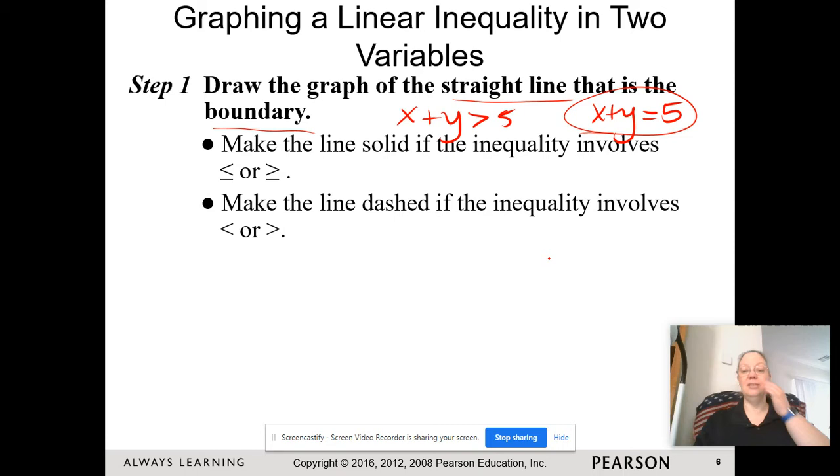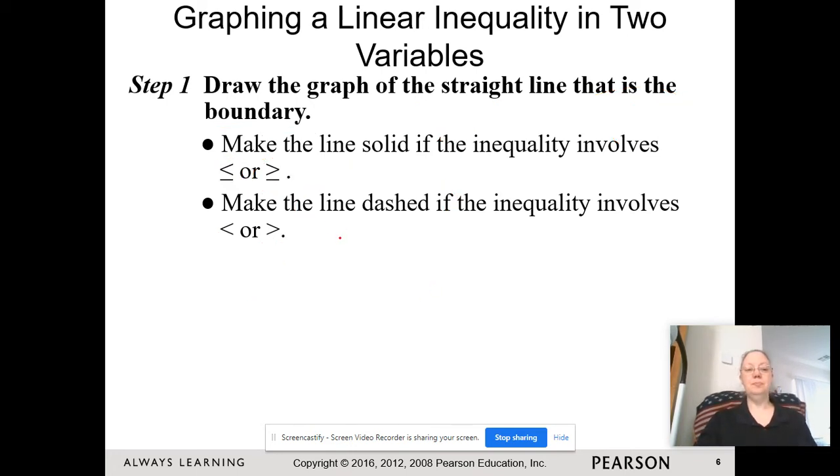So you actually need to draw this first. Now, you make the line solid if we have an equal to, or you make it dashed, I always say dotted, if it's not equal to. So if there's no line underneath the inequality symbol, then we have to make it dotted. So draw the boundary line.